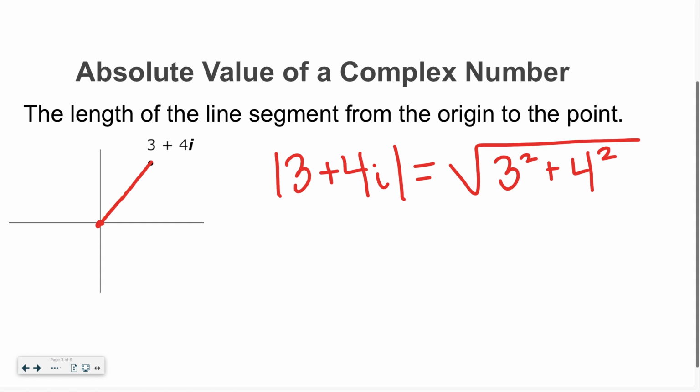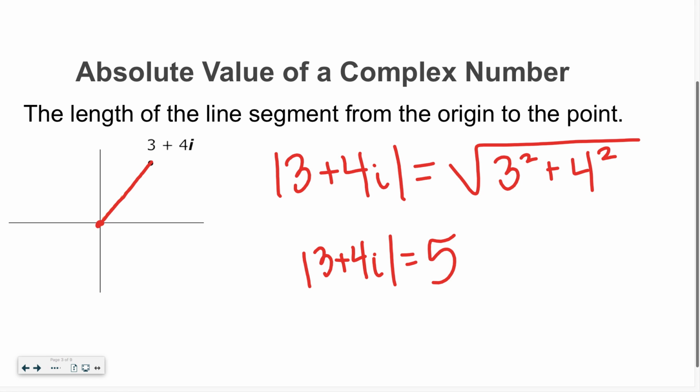Yes. That's exactly how we found the magnitude of vectors. What is the absolute value of 3 plus 4i? It equals 5. Use the real and imaginary parts to plug into your Pythagorean theorem, and we have our distance from 0.